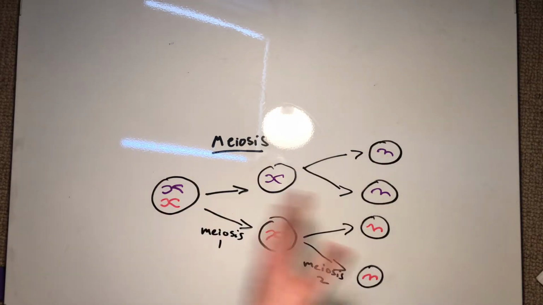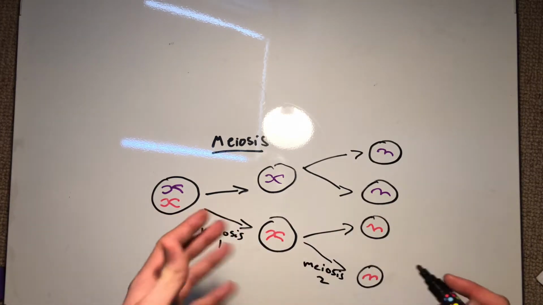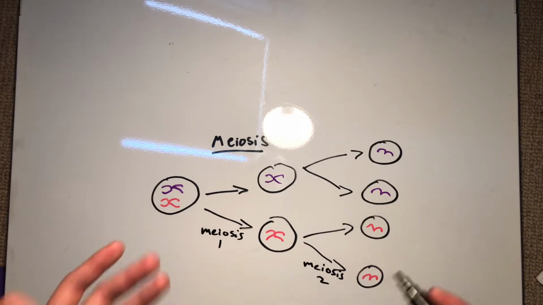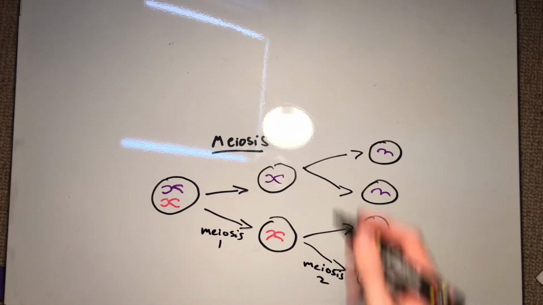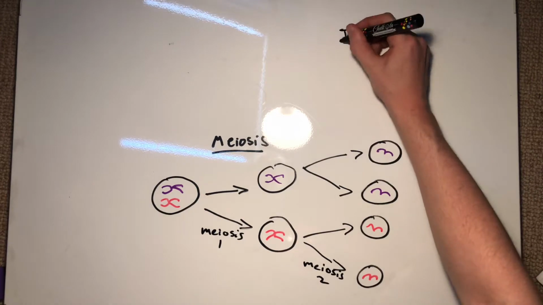There are two main types of genetic variation. One is called the independent segregation of homologous chromosomes.